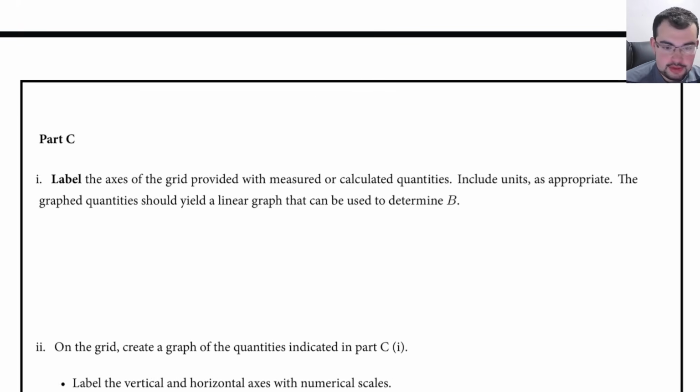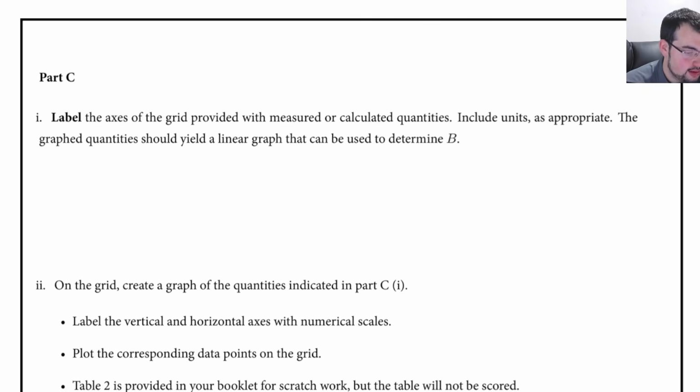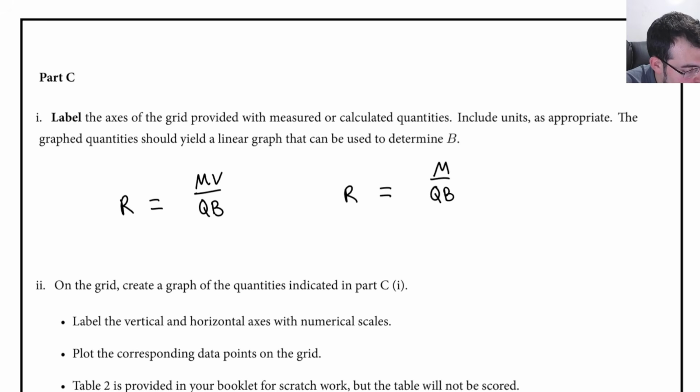So label the axes. Well, we said that R is equal to MV over QB. So if we do some grouping up, R is already fine. M, Q, and B are constants, so they're in front, and then V is a variable.